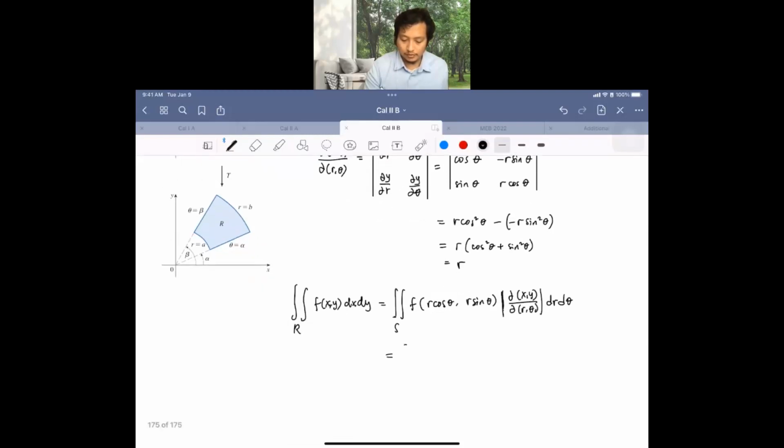We could write this down as alpha, r dr d theta. Okay, so this is how we get r through Jacobians for the polar coordinate.